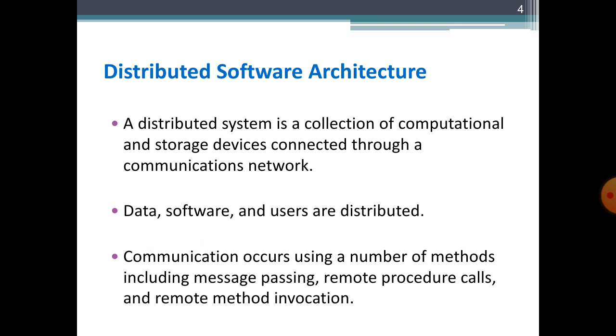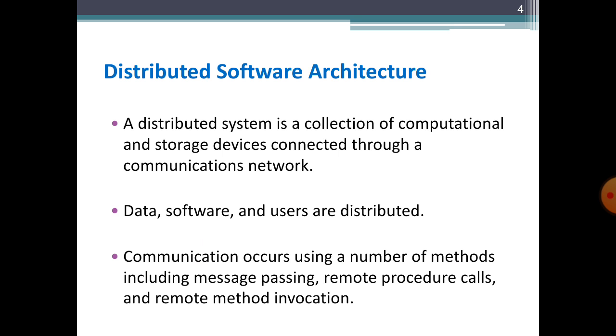So students, what is distributed software architecture? Basically, a distributed system is a collection of computational and storage devices connected through a communication network. In this type of system, data, software and users are distributed across different geographical locations, and the subsystems or components communicate with each other using a number of different methods, including message passing, remote procedure calls and remote method invocations.